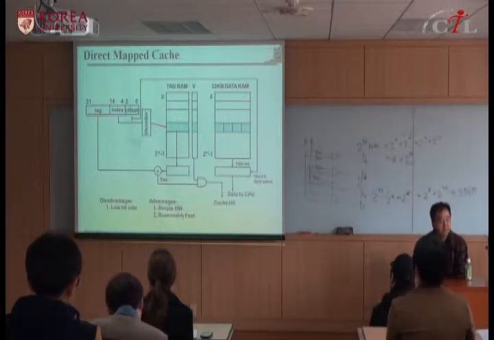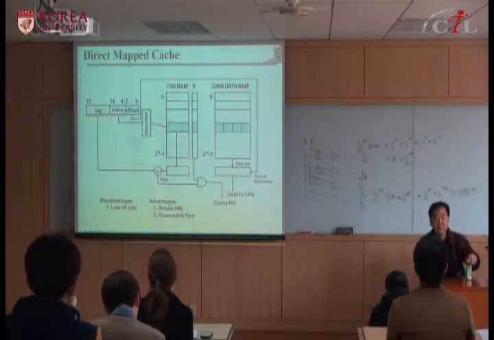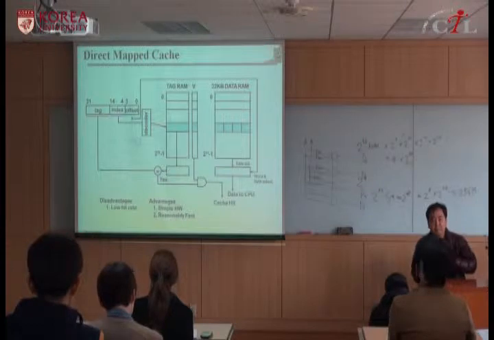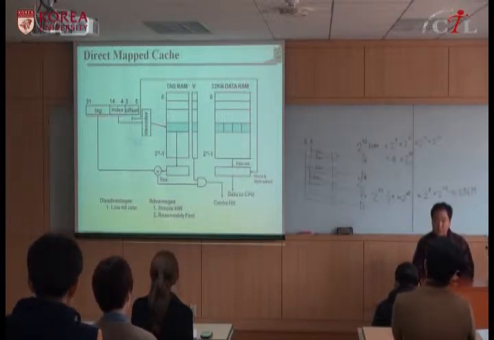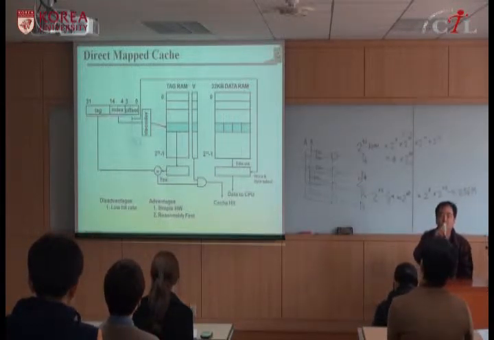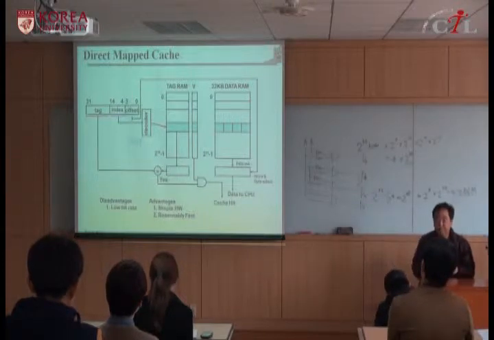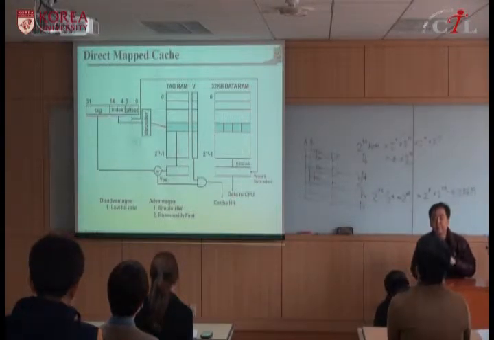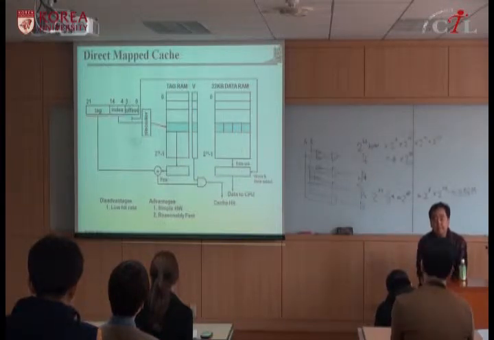I don't know which one is faster, but overall, to determine hit or miss, which one is faster? With direct mapped cache, you just need one compare. Direct mapped cache has low hit rate.